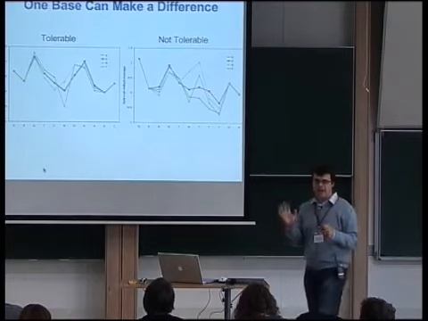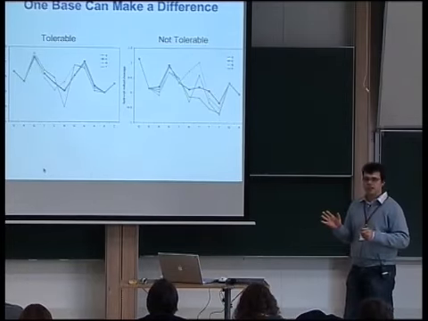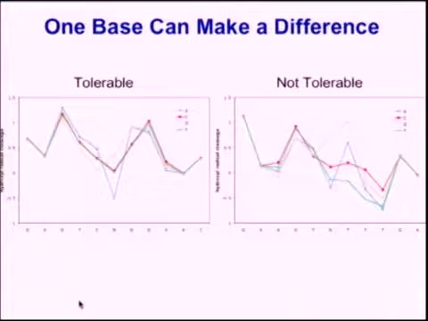Another concept that I think is important in dealing with this type of algorithm is that certain substitutions appear to be more tolerable than others. I'll throw out this term tolerable. And this is an example here. We've taken an 11-mer sequence and then changed the middle base pair to be any one of A, C, G, or T. And what you can see is that for the most part, the structure pattern seems to be quite similar.